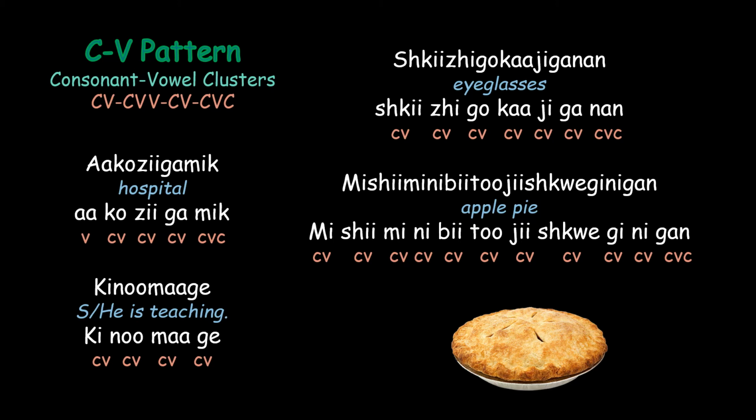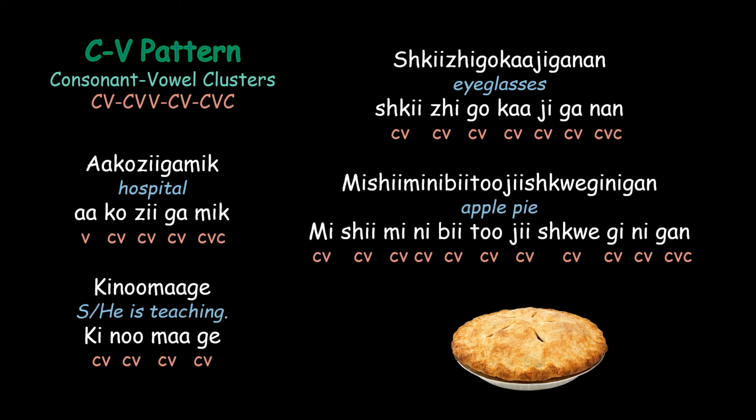And sometimes the first syllable does not follow the consonant-vowel pattern, as in our first word. Let's read through them to listen for this. Akozigamik. So a is actually just a vowel sound. The second syllable, ko, k being the consonant and o being the vowel sound.